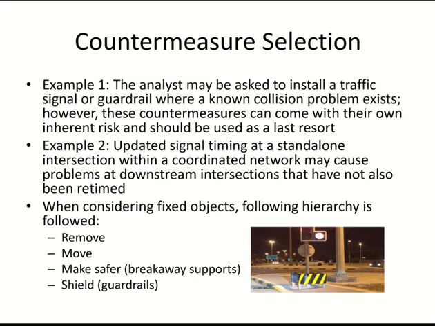So these countermeasures can come with their own risks. For example, installing a new signal may start more crashes which are rear end, or it may impact the traffic flow. It may make the traffic flow slower, or have more delay in traffic.